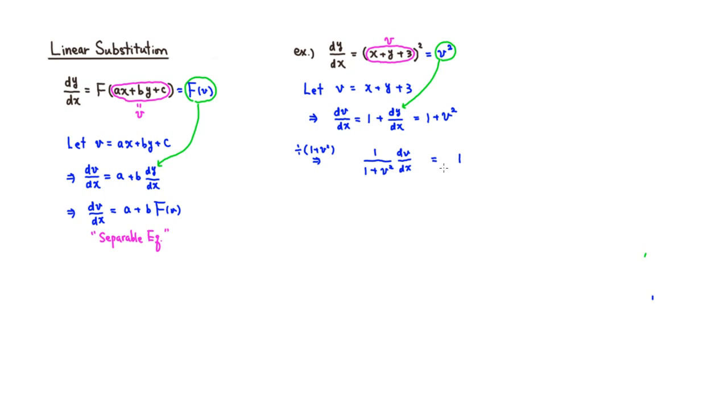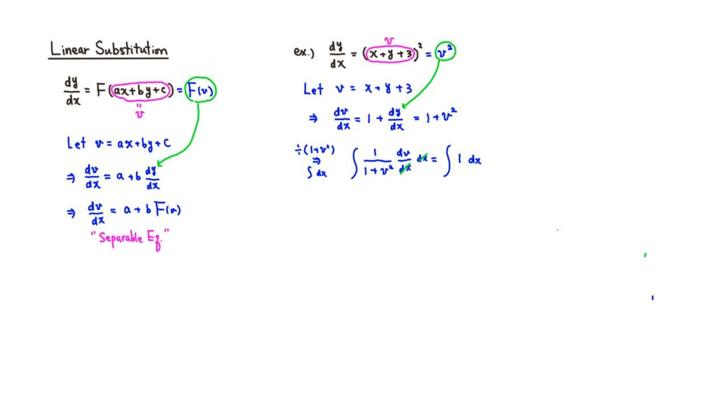Then the next step is I'm going to integrate both sides with respect to x. So we put the integral sign here with respect to x, and the integral sign there with respect to x. Then we can of course cancel out the dx here and dx there.